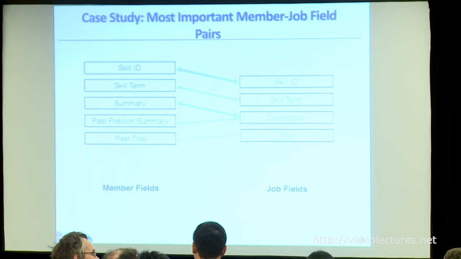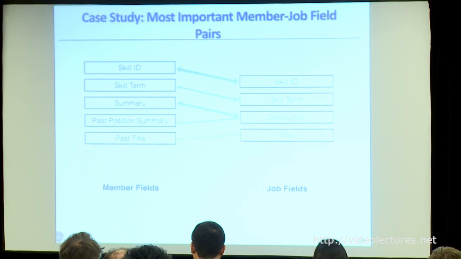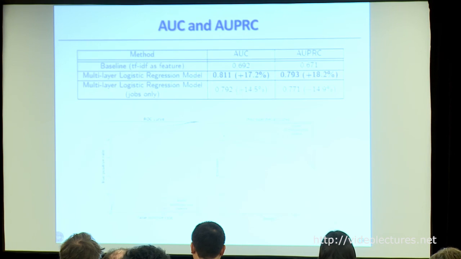It turns out that the member skill and the job skill are the most important pair. It's kind of intuitive, because when you try to recommend jobs, definitely if the skills of the job and the user match, then it should be the best. The next important pair is member summary and job description, which is also kind of intuitive.